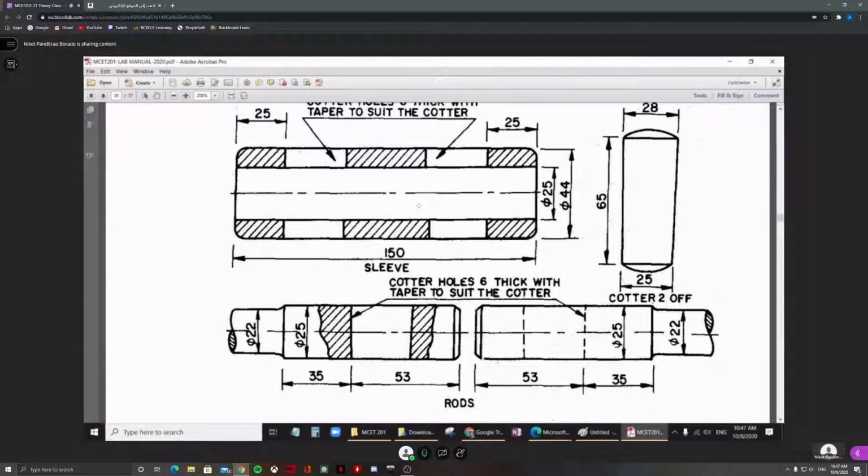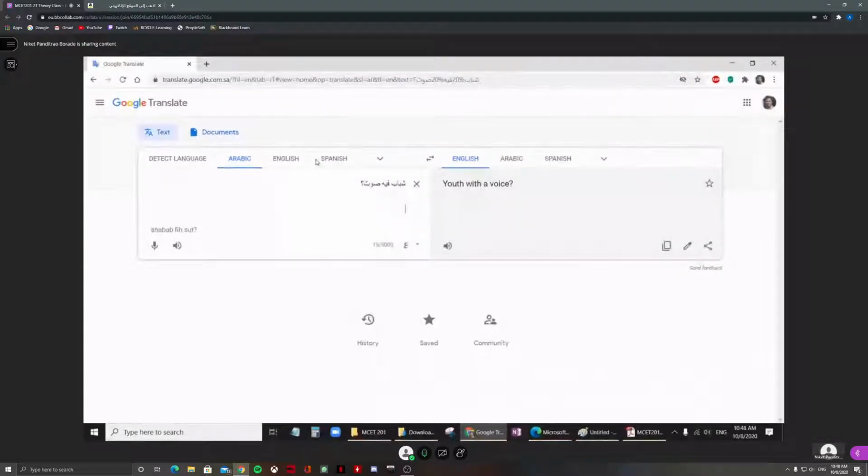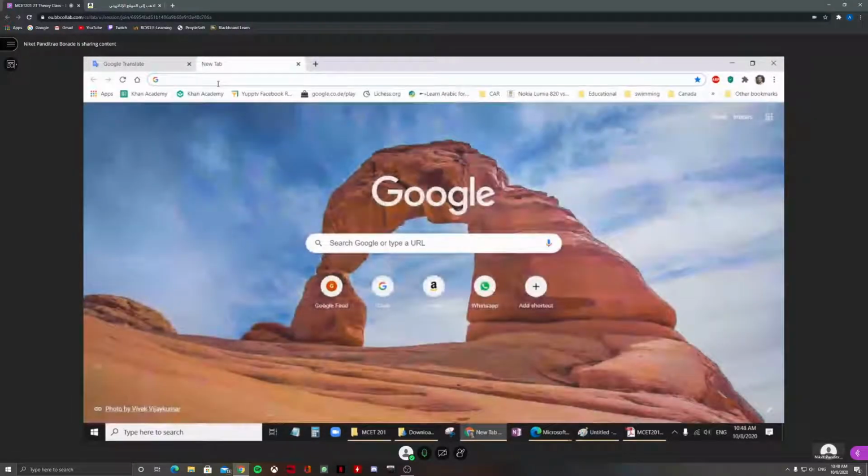And then to lock it together, they are saying quarter 2 off. What is the meaning of number 2? Sometimes they will give a table at the bottom of the drawing. Now here the table is not given. They are saying there are two pins, so the pins will go inside that. The assembly of this quarter joint will be something like this.